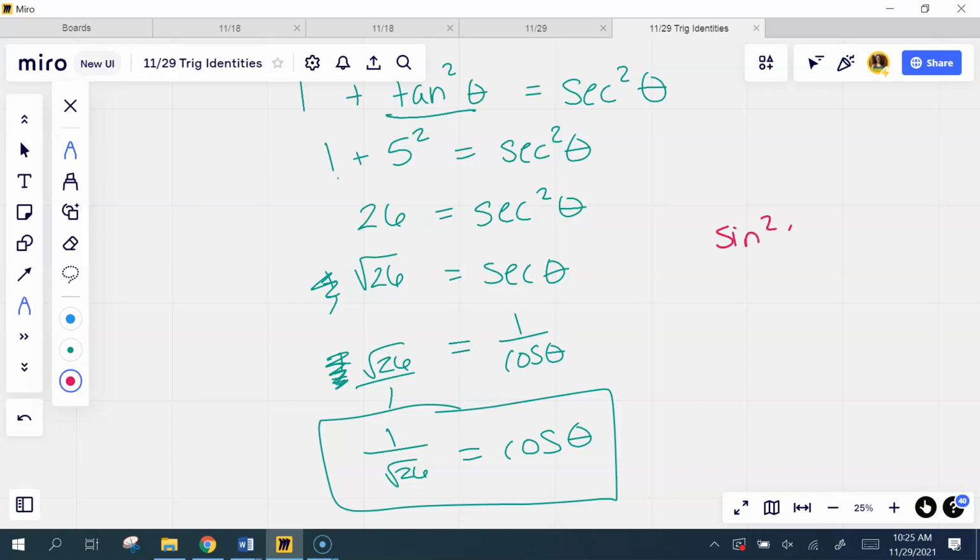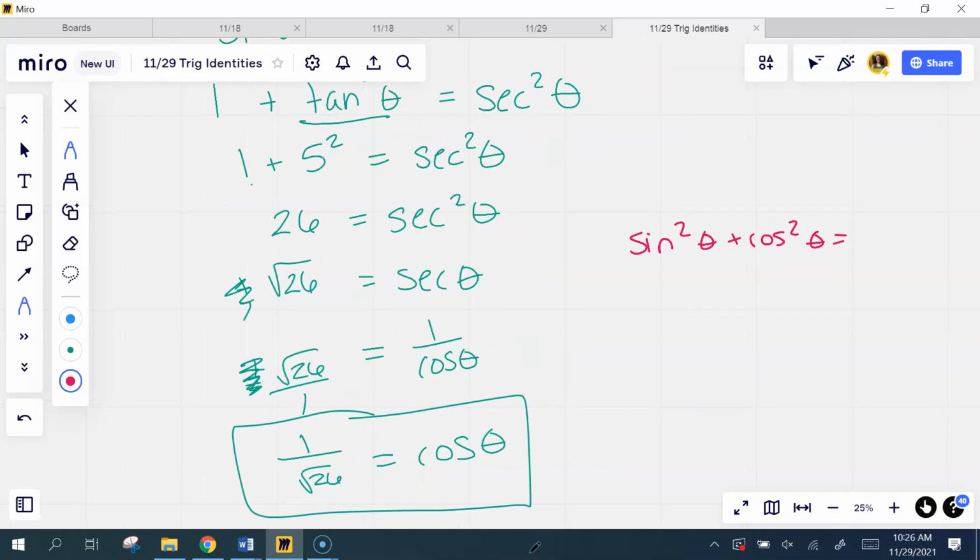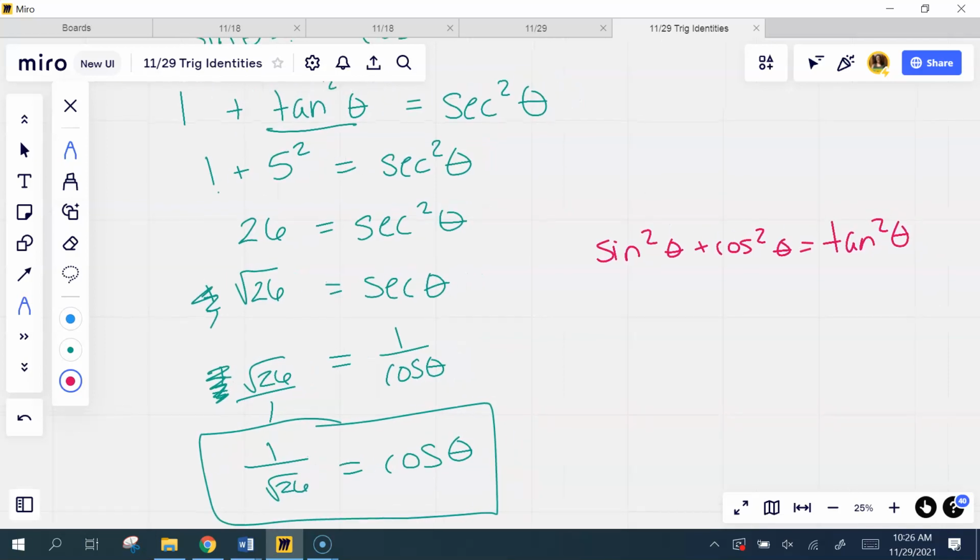So sine squared plus cosine squared. And you will find that there are multiple ways to do this. And Henry says do it this way using that very first Pythagorean identity. I know cosine and I know tangent. Cosine is 1 over square root of 26, so if I square that, and what's tangent?